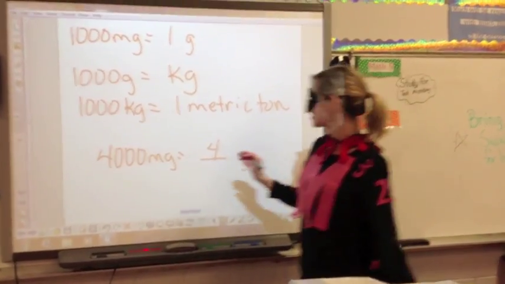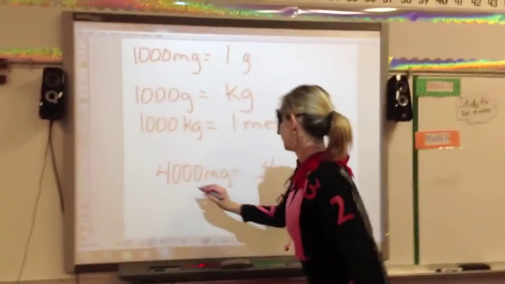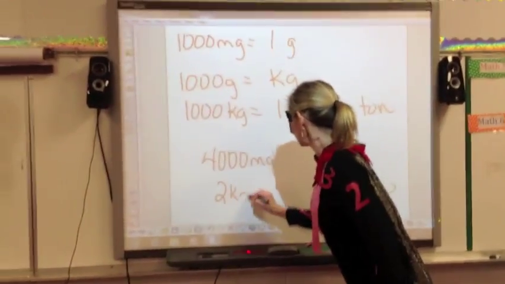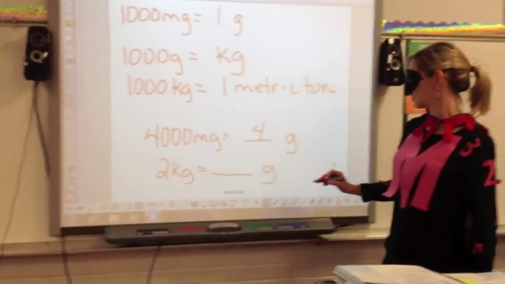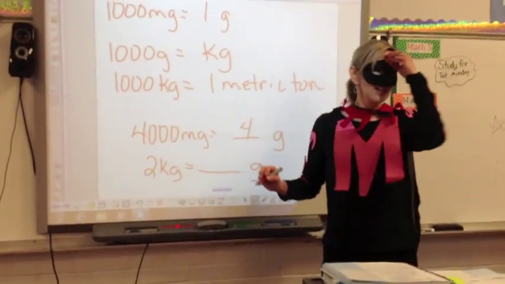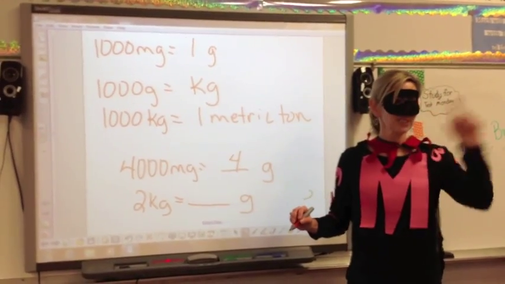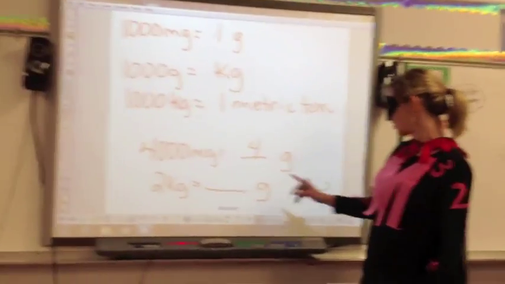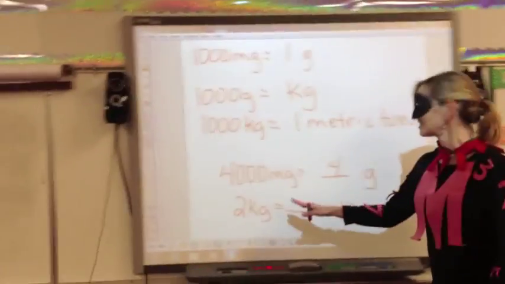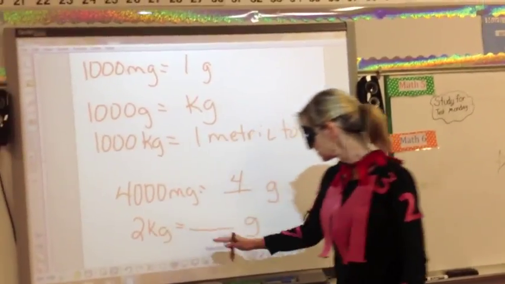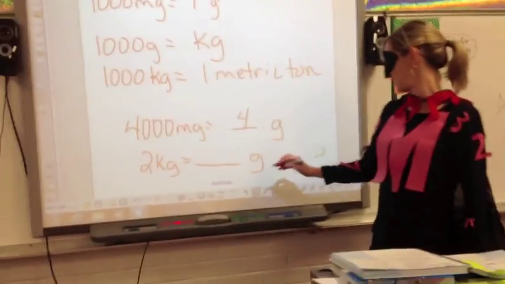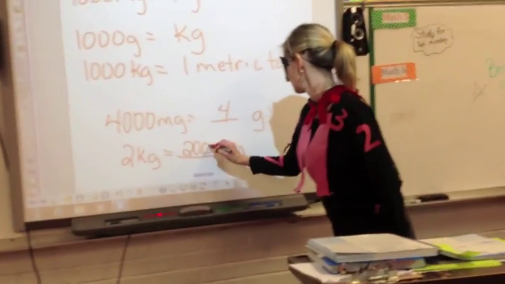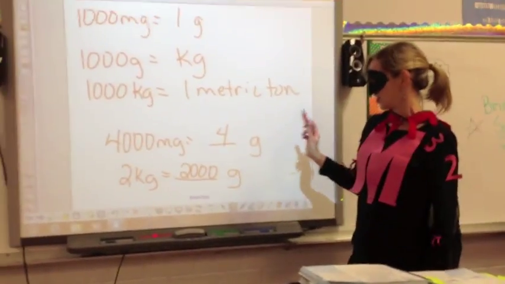Now a different one: 2 kilograms equals how many grams? There are 1,000 grams in a kilogram, and a kilogram is bigger, so we're going from big to small and we multiply by 1,000. So 2,000 grams. Okay, pause.